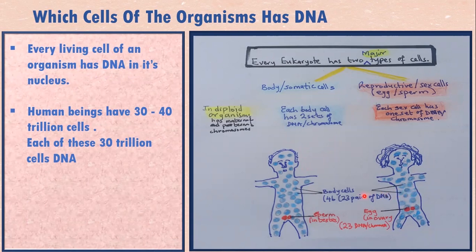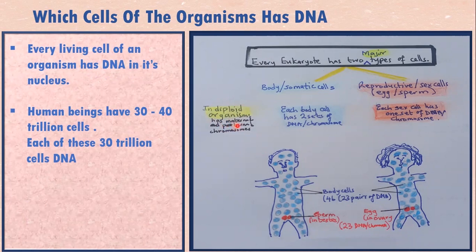And then reproductive cells. The sperm is a reproductive cell, a sex cell. It also has DNA. And the egg is also a reproductive cell, which has DNA. Now, if the organism is diploid, like a human being, then it has DNA, maternal and paternal.